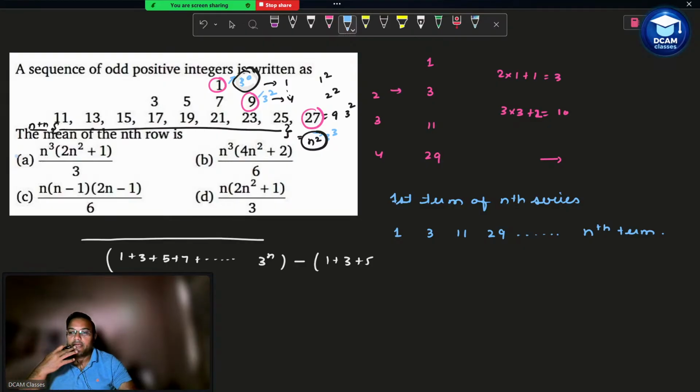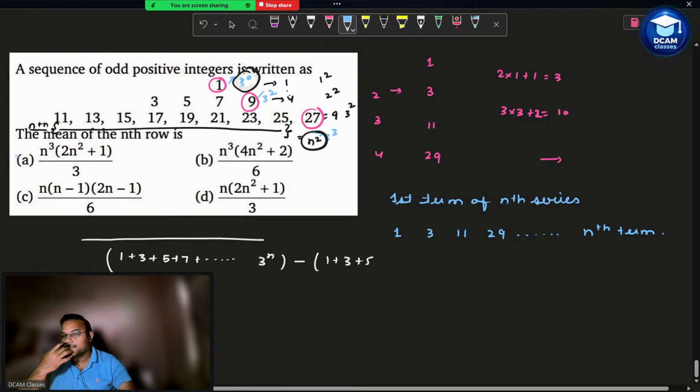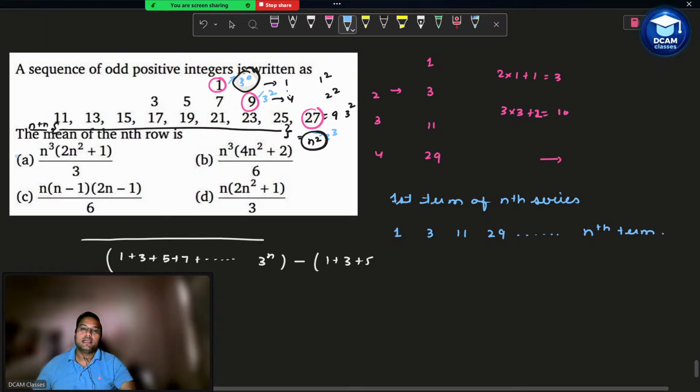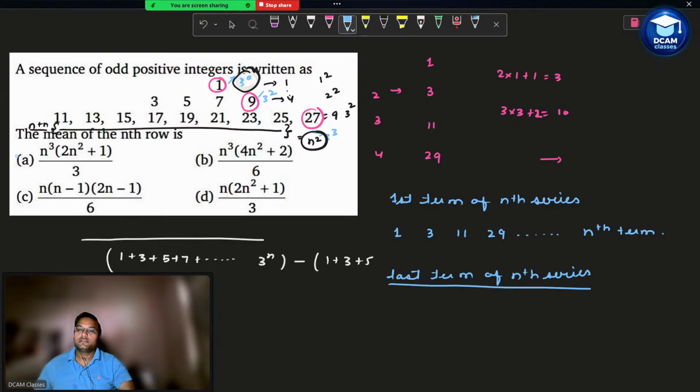See what my idea is, na? My idea is I will try to find out the first term of the nth series and the last term of the nth series. How do I find the last term of the nth series?